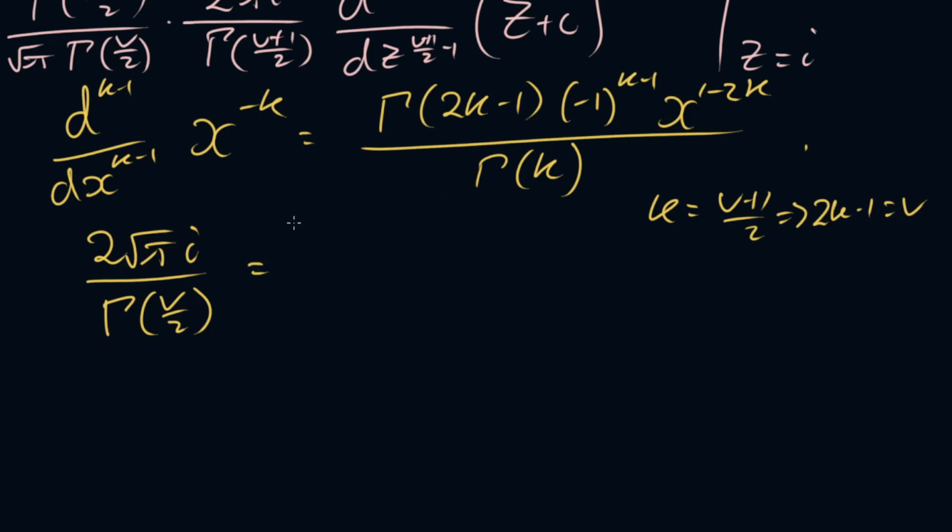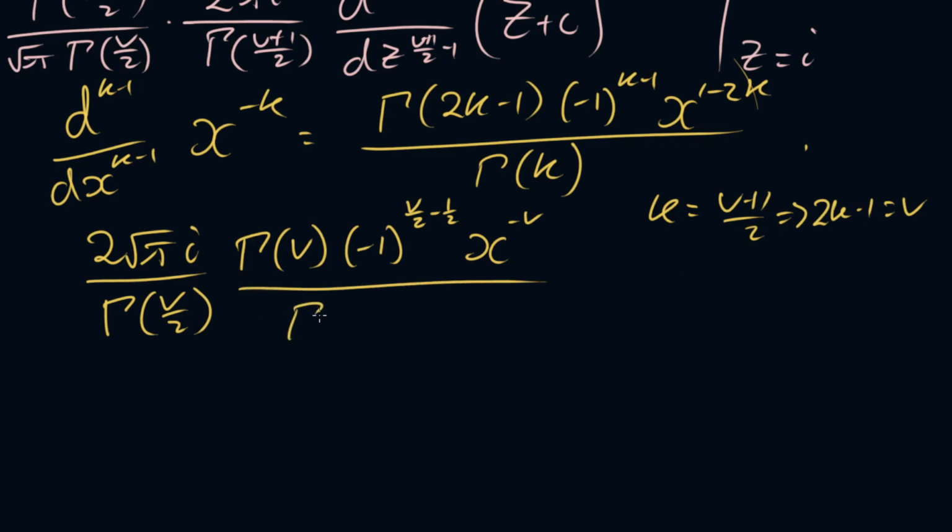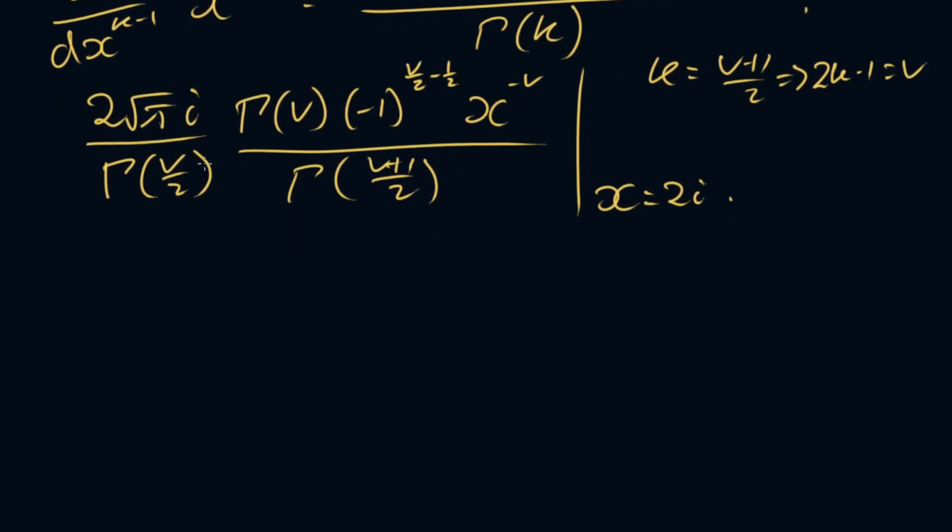So this part here on top is equal to gamma of nu times minus 1 to the nu over 2 minus a half, and then x to the minus nu over gamma of nu plus 1 over 2. And we evaluate this at x equal to 2i. So this isn't too bad. We can just plug things in now and start cancelling some stuff.